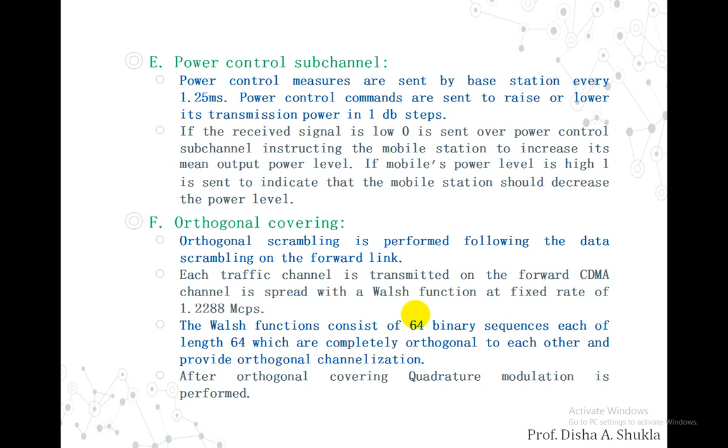The Walsh function consists of 64 binary sequences, each of length 64, which are completely orthogonal to each other, and it provides orthogonal channelization. After orthogonal covering, quadrature modulation is performed on the data. So this is how the whole modulation process works for a CDMA forward channel.